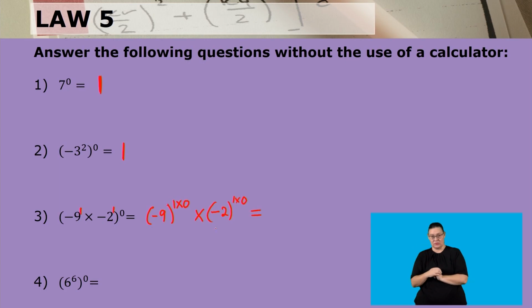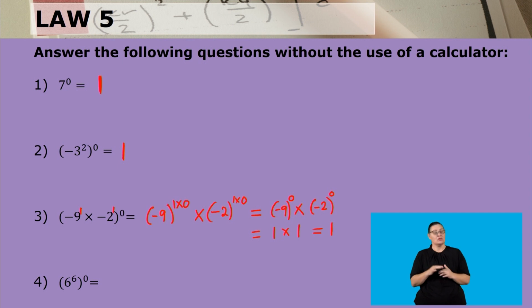Now this will lead us to a negative 9 exponent 0 multiplied by a negative 2 exponent 0. Of course, this will give us a 1 multiplied by a 1, and in the end, our answer is going to be a 1.